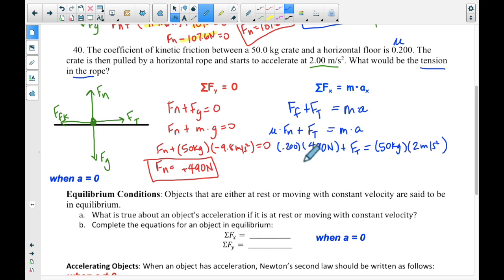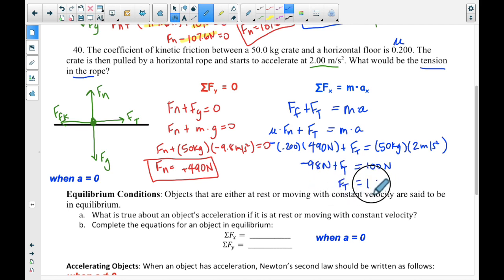So again, we get out our calculator, we multiply these together, and that gives us 98 newtons plus the force of tension is equal to, we multiply these together, we get 100 newtons. The frictional force is acting to the left, the tension force is acting to the right. So the tension force is positive, but the frictional force is going to be negative. So now I need to add that 98 to the other side.